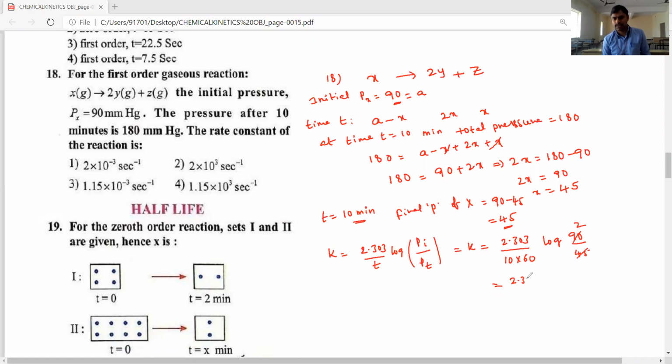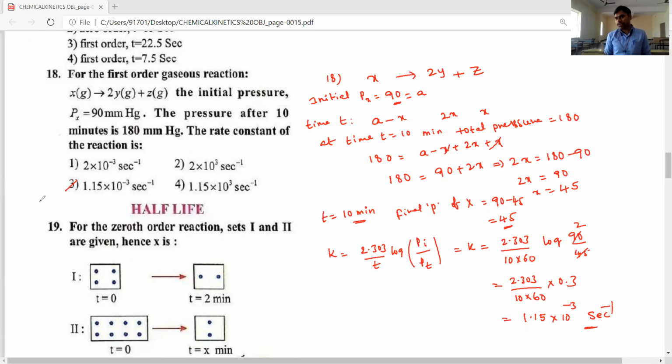So 2.303 by 10 into 60 into 0.3. On simplification, we get approximately 1.15 into 10 to the power of minus 3 second inverse. See, the answer is the third option.